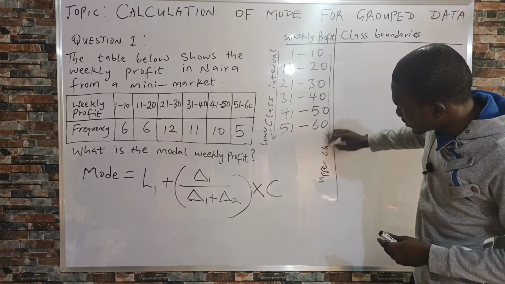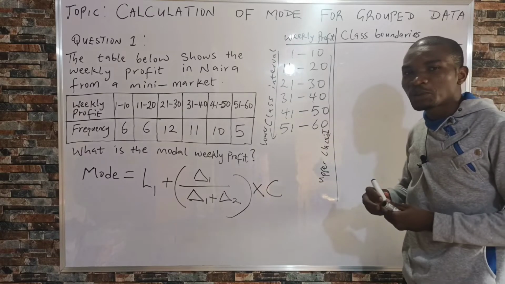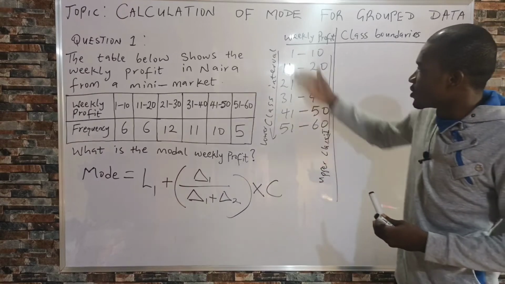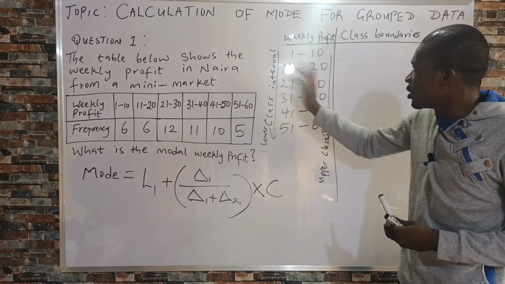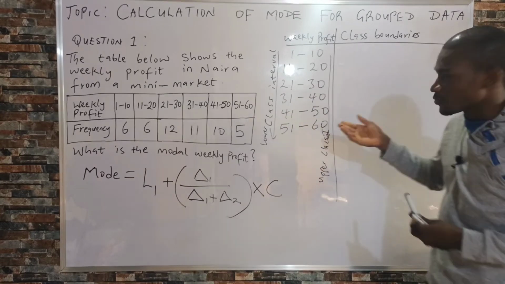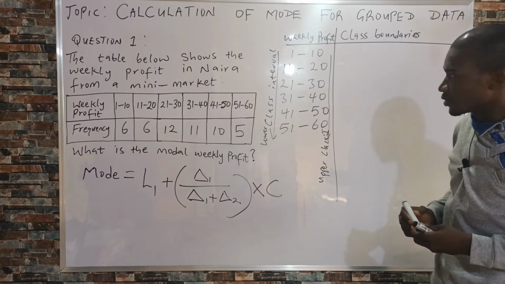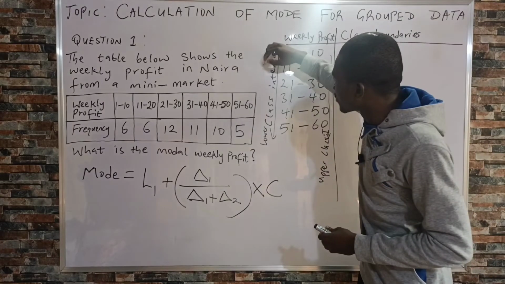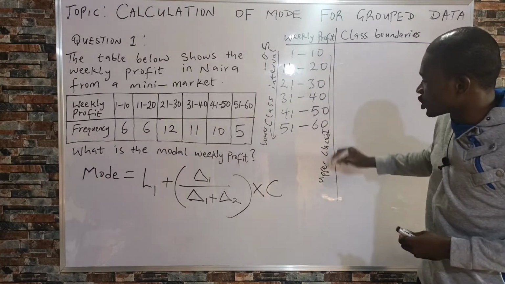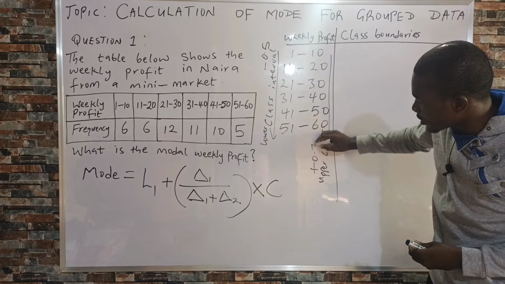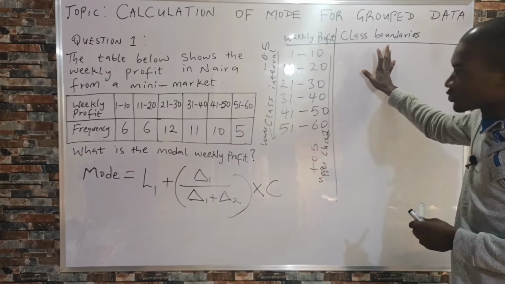So we shall be subtracting 0.5 from all the values in the lower class interval, and we shall be adding 0.5 to every value in the upper class interval. Let's go ahead to do that. That is how we find the class boundary.